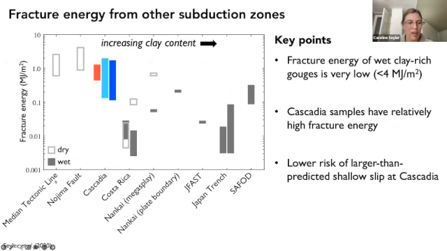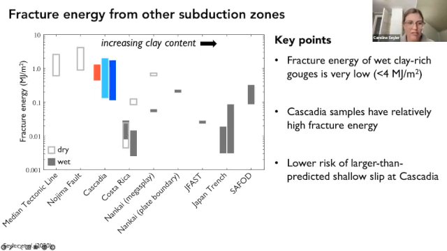If we plot all the available data for experiments conducted on subduction zone materials, the Cascadia gouges are here with a fracture energy of around 0.1 to 1. And I would focus on the wet data here because most subduction zones have water present. That's going to be what's most relevant.